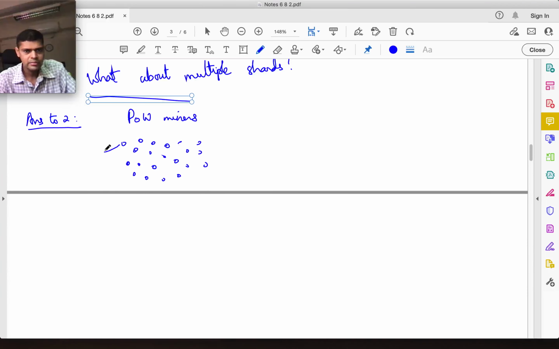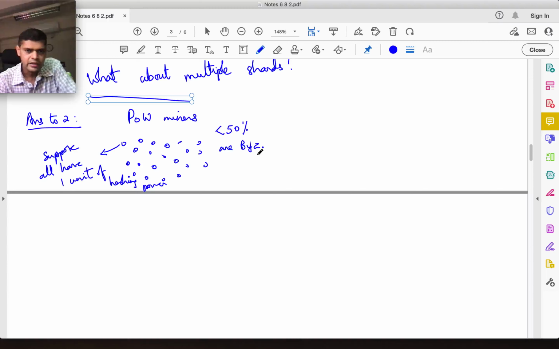So let's say all have 1 unit of hashing power. And we have to assume that less than 50% are Byzantine, because otherwise we're liable to a 51% attack and we're in big trouble. But anyway, suppose we say that there are less than 50%.